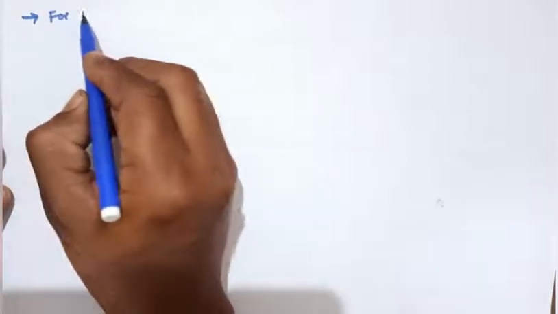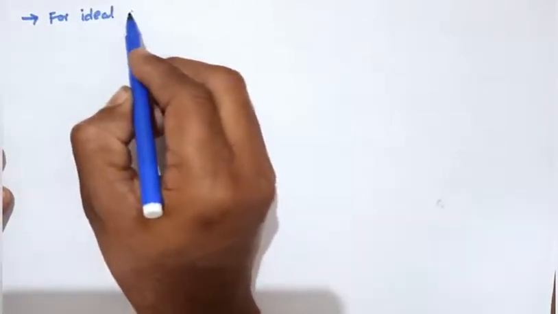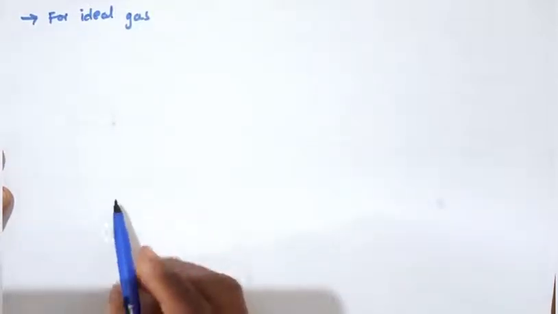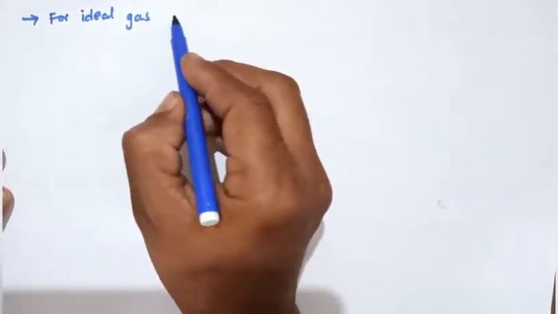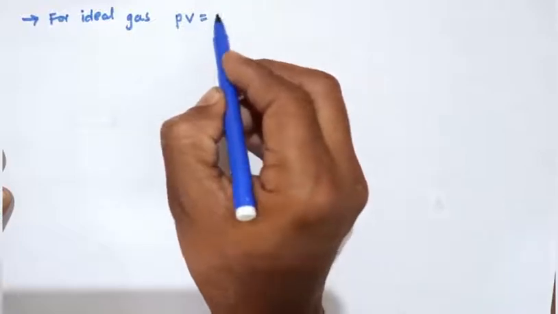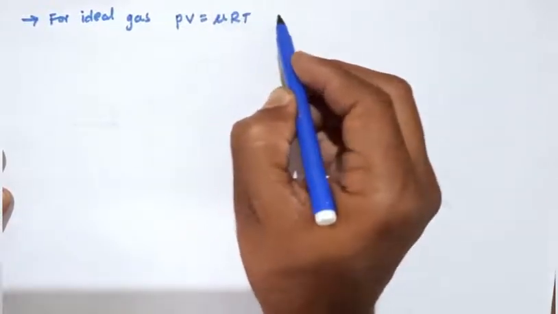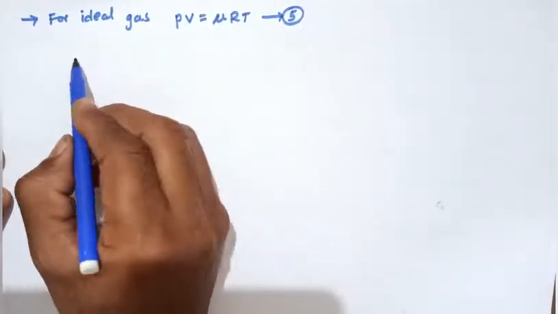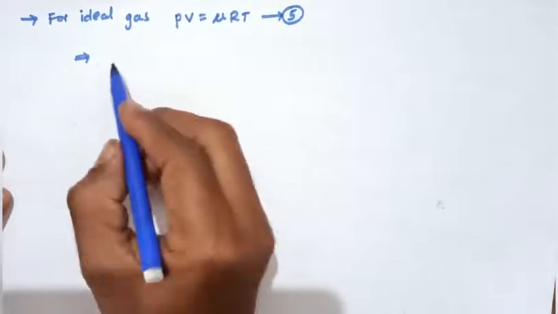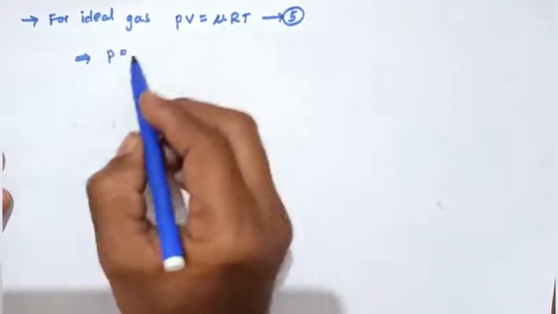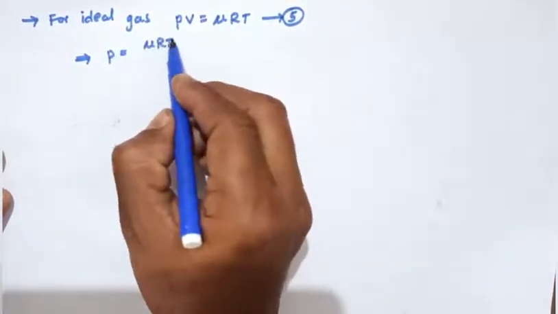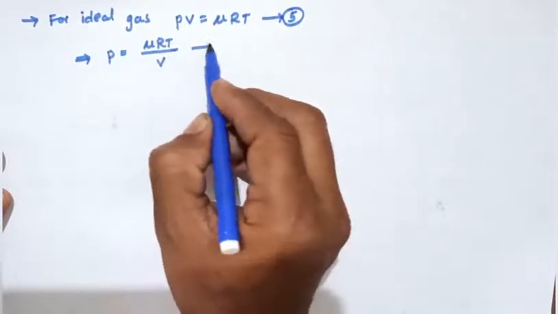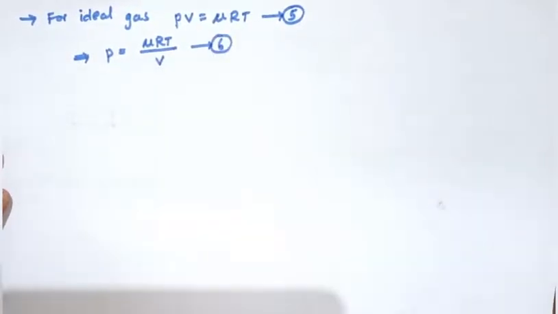So here we consider an ideal gas. The gas equation is PV equals mu RT. Okay, this is equation number 5. So from this, P equals mu RT divided by V. So equation number 6.